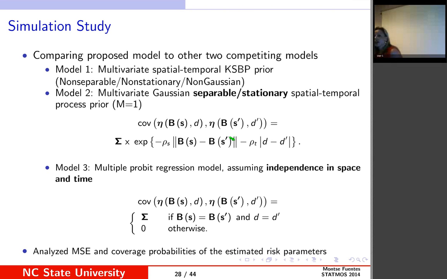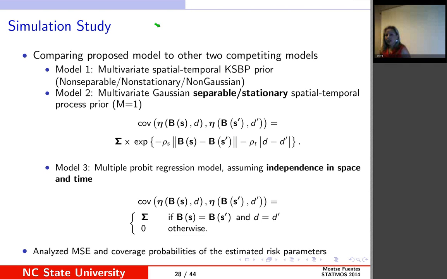Okay, so now let's move into a simulation to understand what we are gaining by working with this type of framework. I would like to show you how this model is going to perform in different types of settings. We are going to be comparing the general model that we introduced here, the non-separable, non-stationary, non-Gaussian, obtained as a result of working with this spatial temporal multivariate stick breaking approach in this probit setting.